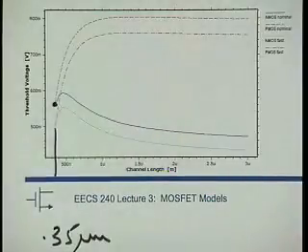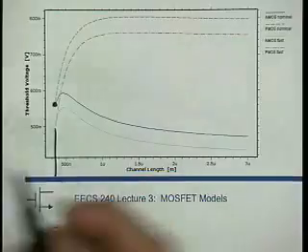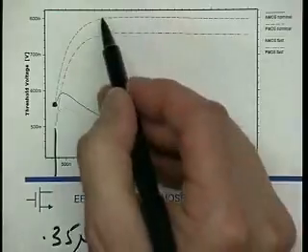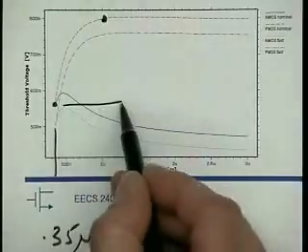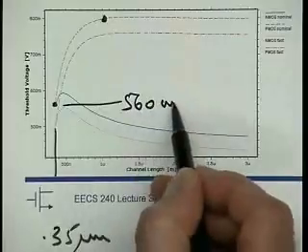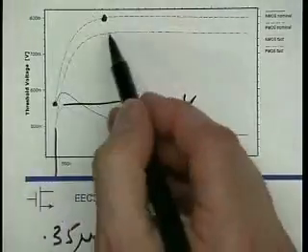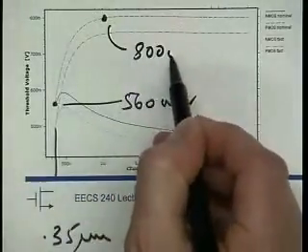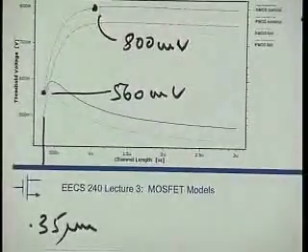It's about 560 millivolts, the threshold voltage. But then if we were to use a 1 micron device, suddenly it would be 800 millivolts. So really significant. I mean, it makes a huge difference.